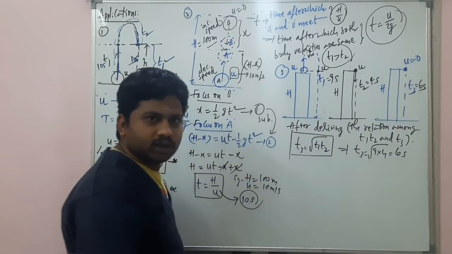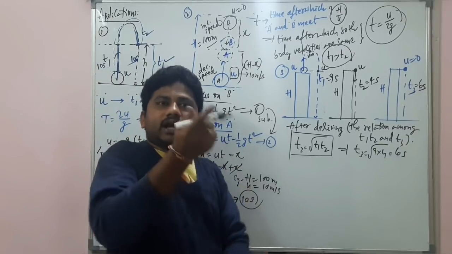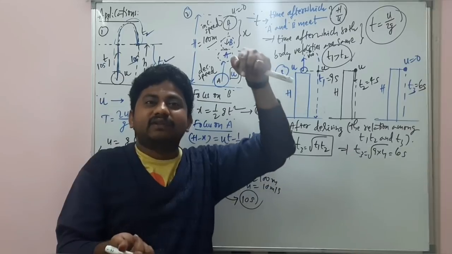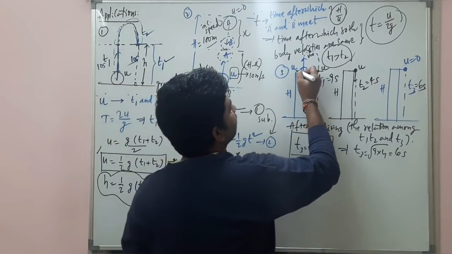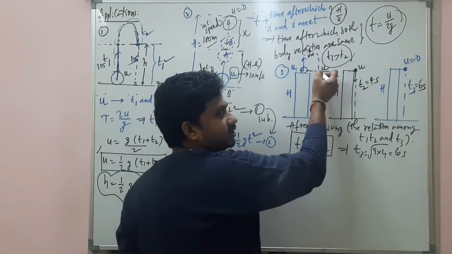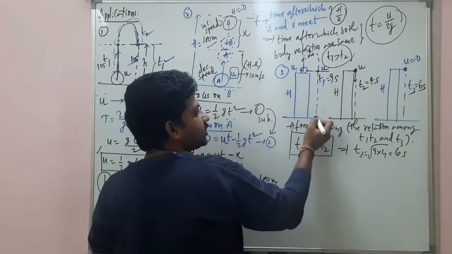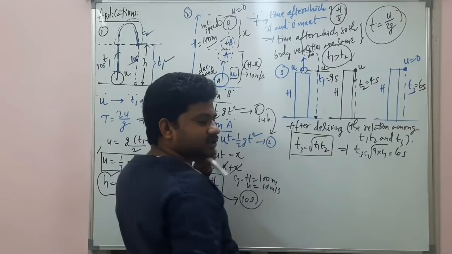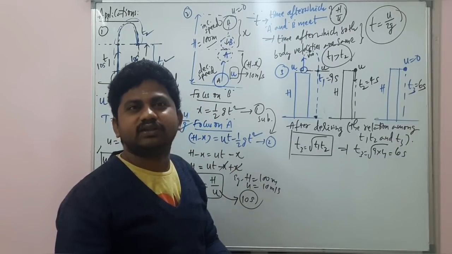It's u, because I have told you clearly that with whatever speed you throw the body up, with the same speed it will reach the ground back. So imagine this is the ground. At this point the initial velocity is u, and at this point what is the final velocity? Okay, v square minus u square is equal to 2gh.